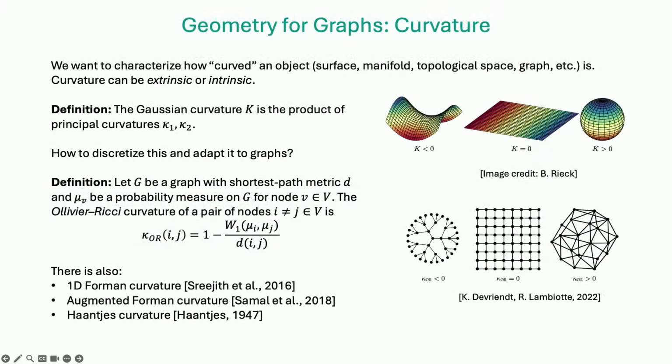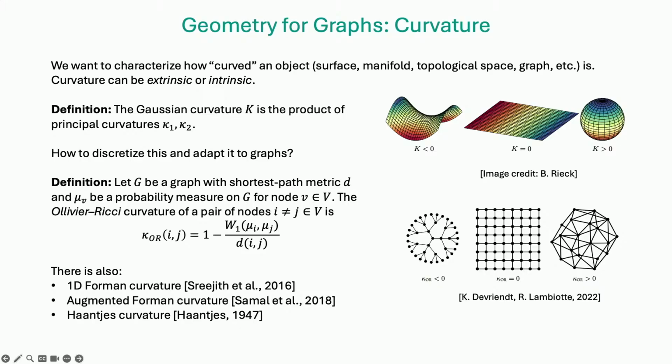Okay, so the second kind of geometry that I want to talk about is curvature, right? As I mentioned, there's a lot more than just these two, than just the embedding and the curvature here, but I'm picking these for particular reasons. We want to characterize how curved an object is, right?